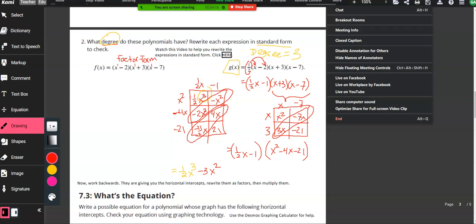That's 10.5. So that's negative 10.5 plus 4. So that's negative 6.5. Negative 6.5x and then 21. So this is standard form right here.